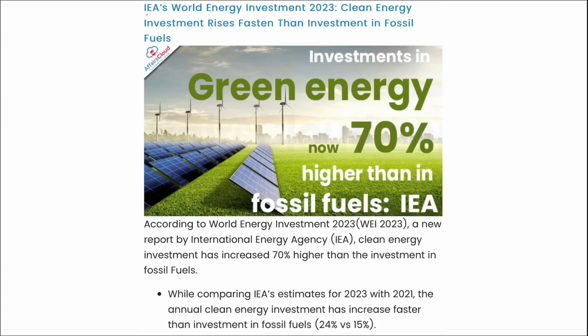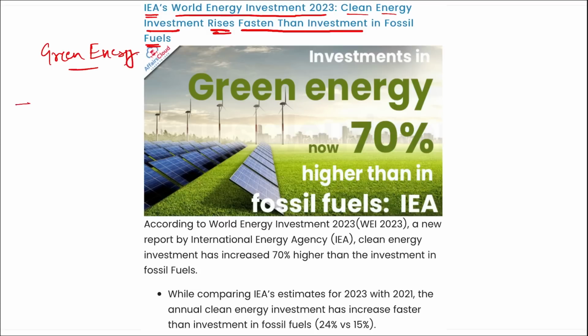Next, the IEA World Energy Investment 2023 was released, and it stated that clean energy investment rises faster than investment in fossil fuels. Green energy is the need of the hour. We need to shift to green energy, because otherwise we will be using traditional sources of energy, burning fossil fuels.